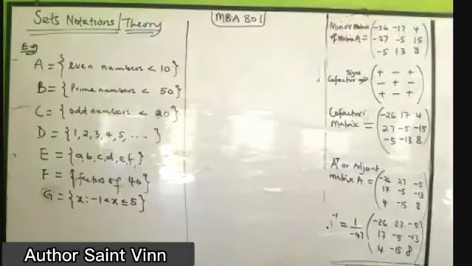Like I was saying, when you say a number is even, these are numbers divisible by 2. And even numbers start with 0. 0 is a number, and 0 is divisible by 2. So even numbers start from 0.